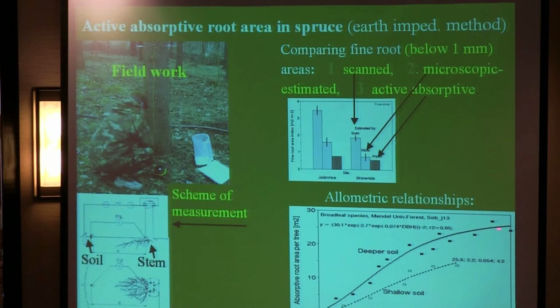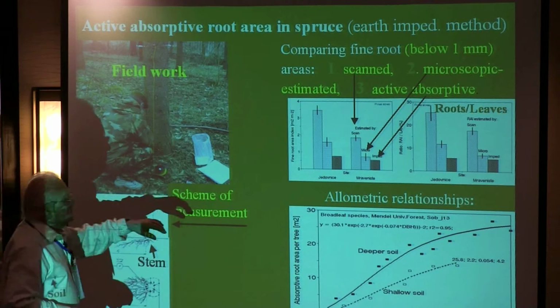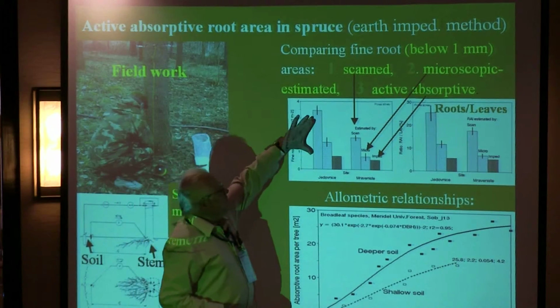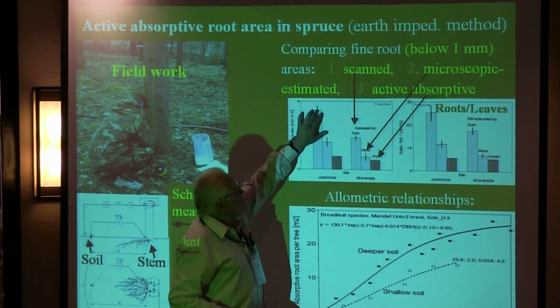Well, let's say we measured two groups of trees. One was growing on a sufficiently wet, deep soil. This was on shallow soil. And what is important, when we measured total fine root area, say by scanning, we received these two columns. This is one side, this is another side.